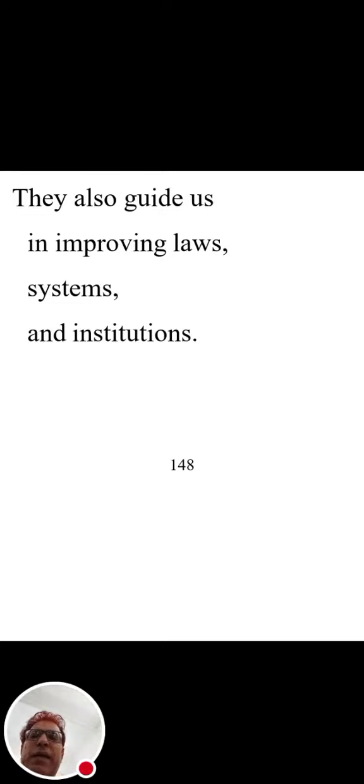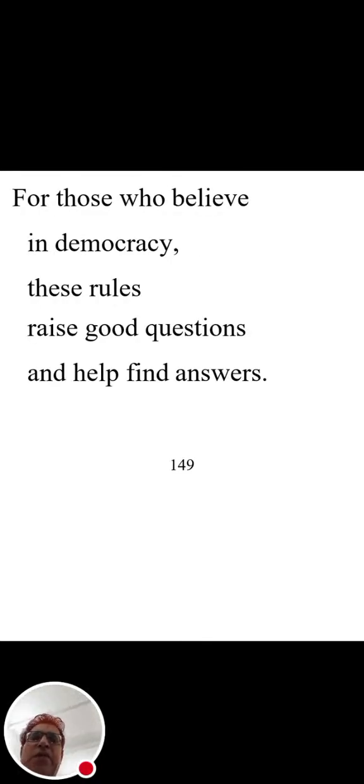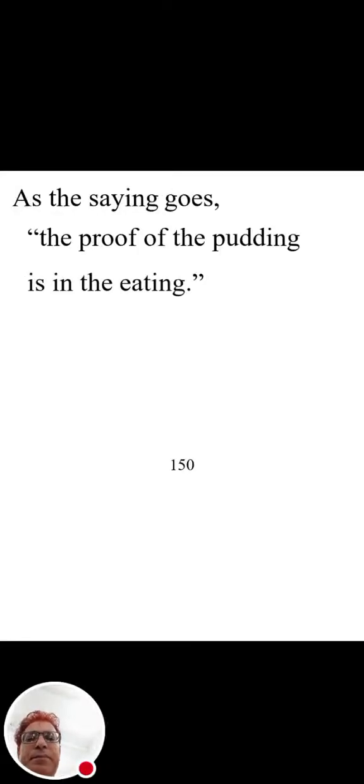They also guide us in improving laws, systems, and institutions. For those who believe in democracy, these rules raise good questions and help find answers. As the saying goes, the proof of the pudding is in the eating.